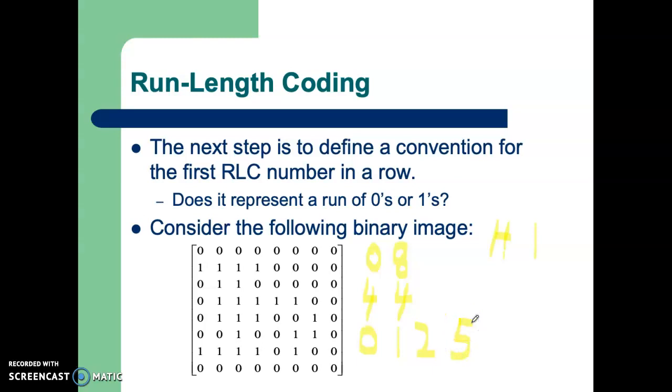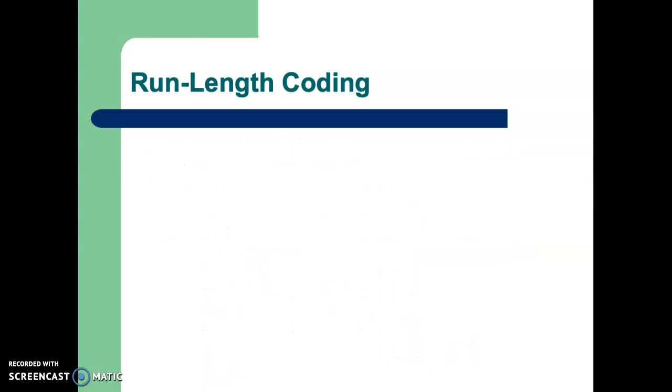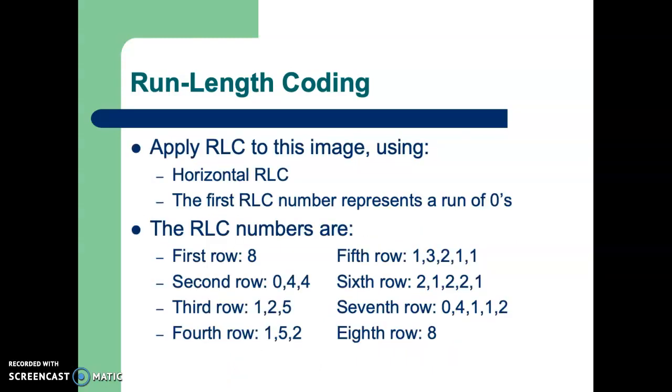Then you keep on counting. So the main thing to start the RLC is to identify whether it is horizontal or vertical, and also what is the first run that you want to count, either 0 or 1.